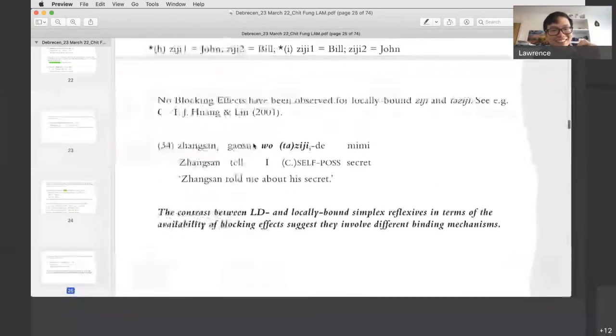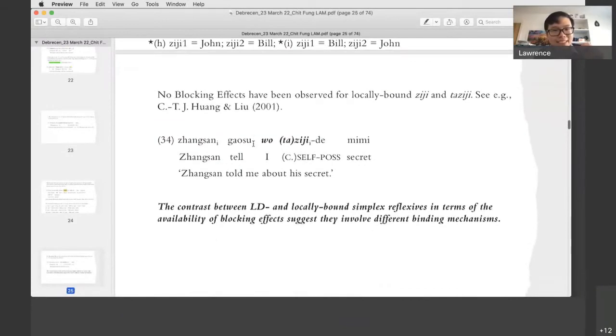On the other hand, we've been talking about blocking effects of long distance binding, but does it happen for local binding as well? The answer is no. In example 34, Johnson tells I self's secret.